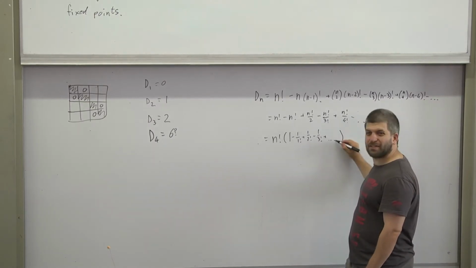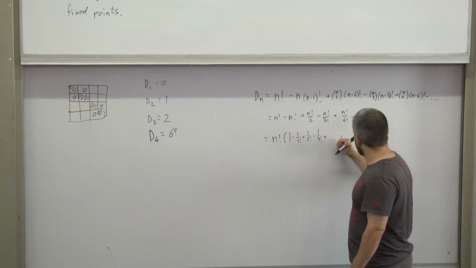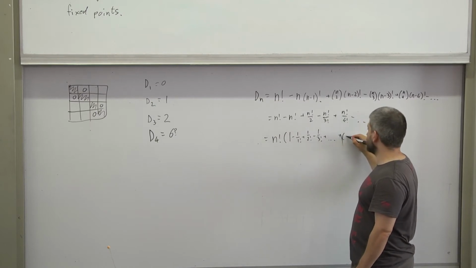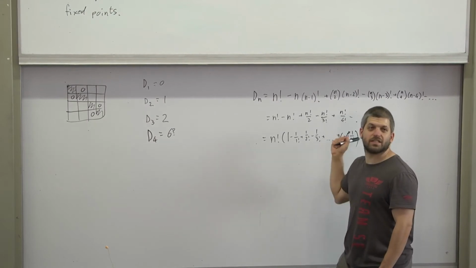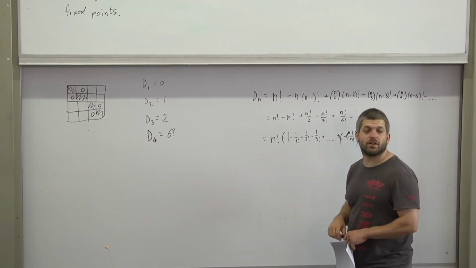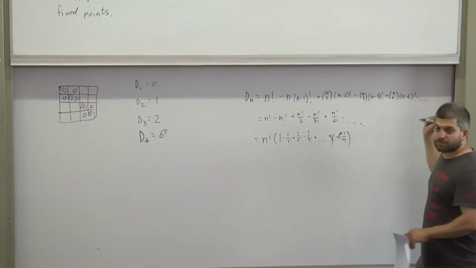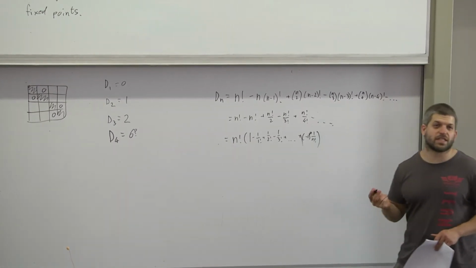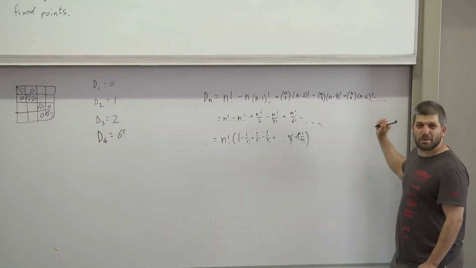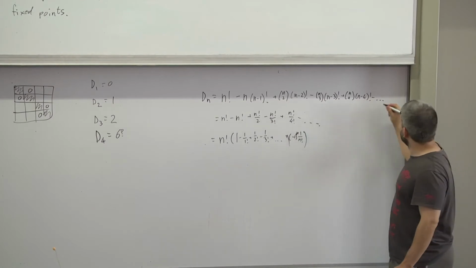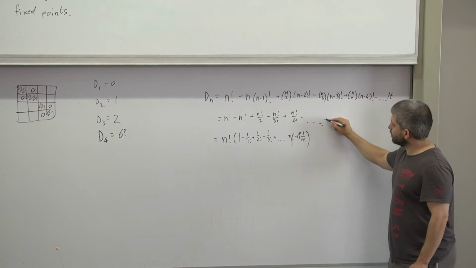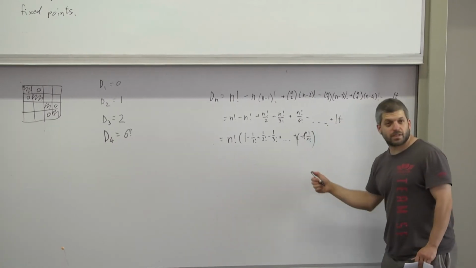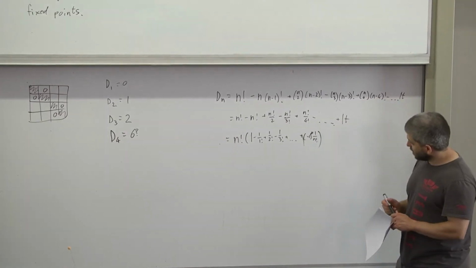I'm kind of lying a little here, because this only goes up to minus 1 to the n over n factorial. This isn't an infinite series, even though I just wrote dot dot dot. There is actually a last term. Do you want me to put that in? Okay, it's there if you want it.